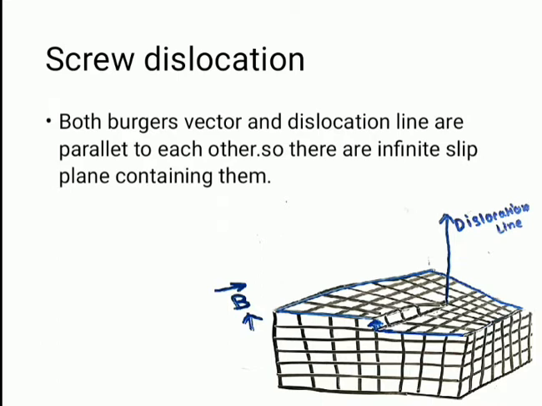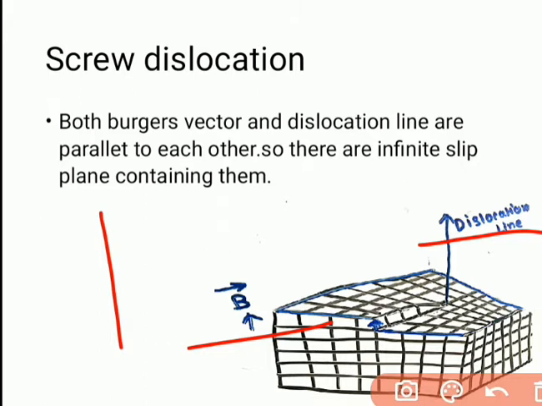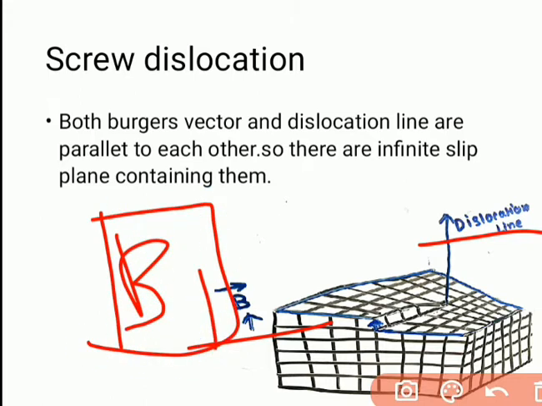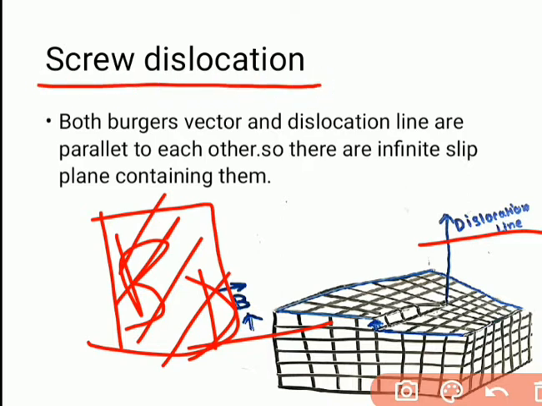In this dislocation, both Burgers vector and dislocation line are parallel to each other, so there are infinite slip planes. Slip planes are infinite here because the dislocation line and Burgers vector are parallel, and we know that slip plane is a plane which contains both Burgers vector and dislocation line. So this is all about our screw dislocation.